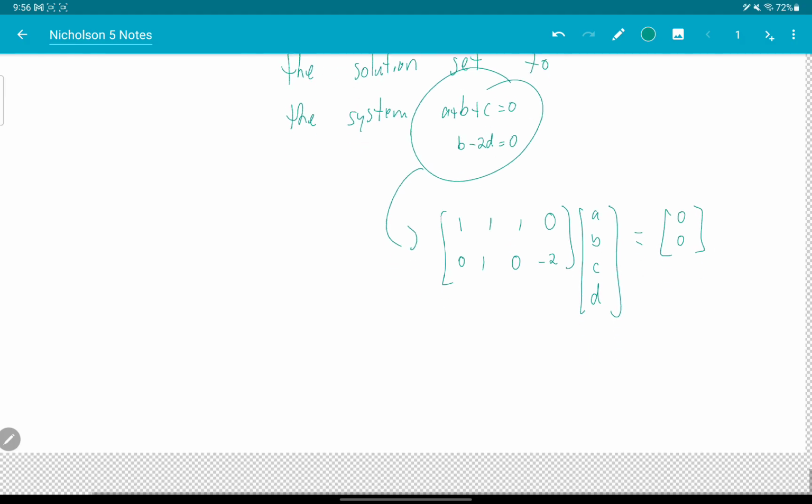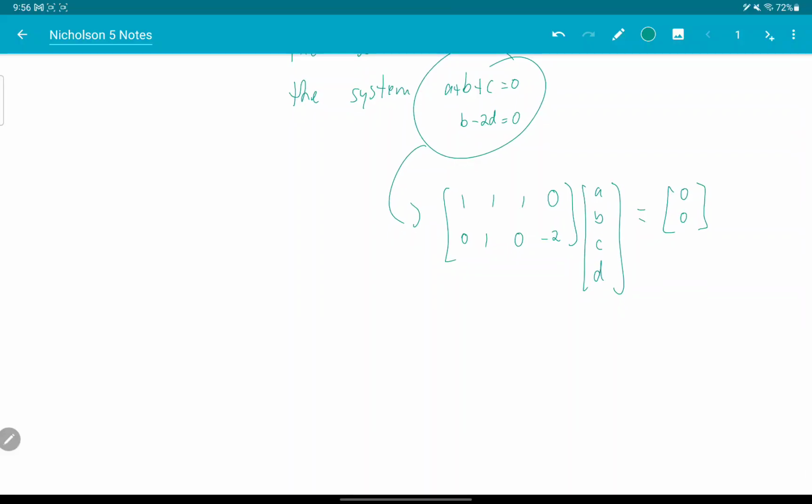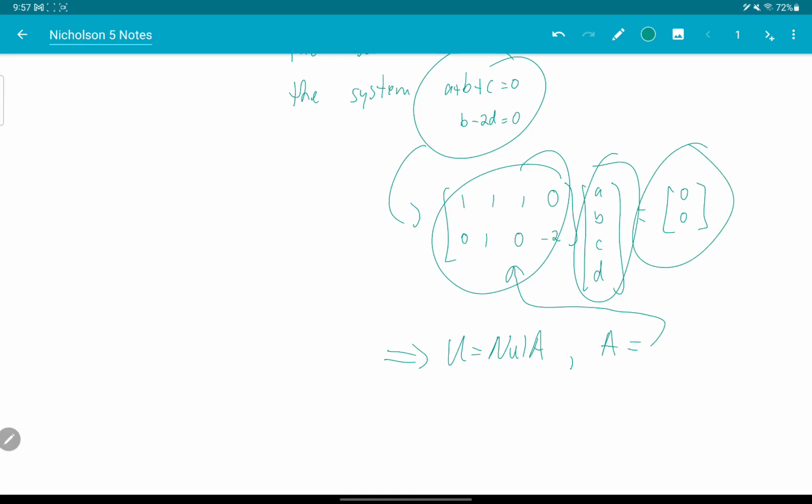I can write it like that, which tells me that U is the null space of A, where A equals this guy. Okay, that is how a null space works. It's the set of solutions to A X equals 0 vector.